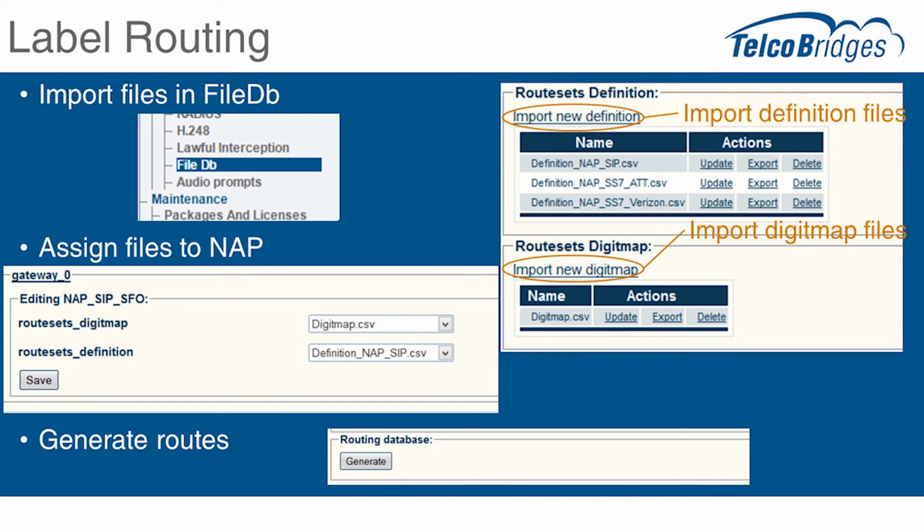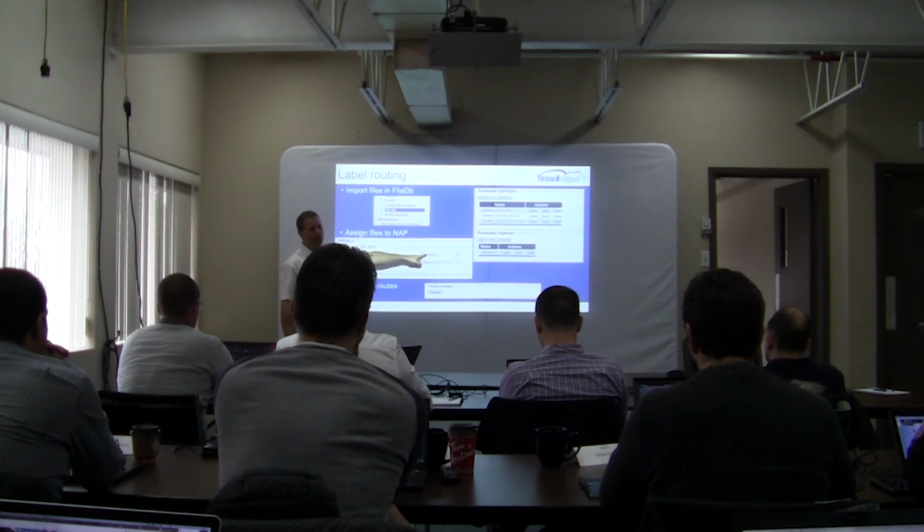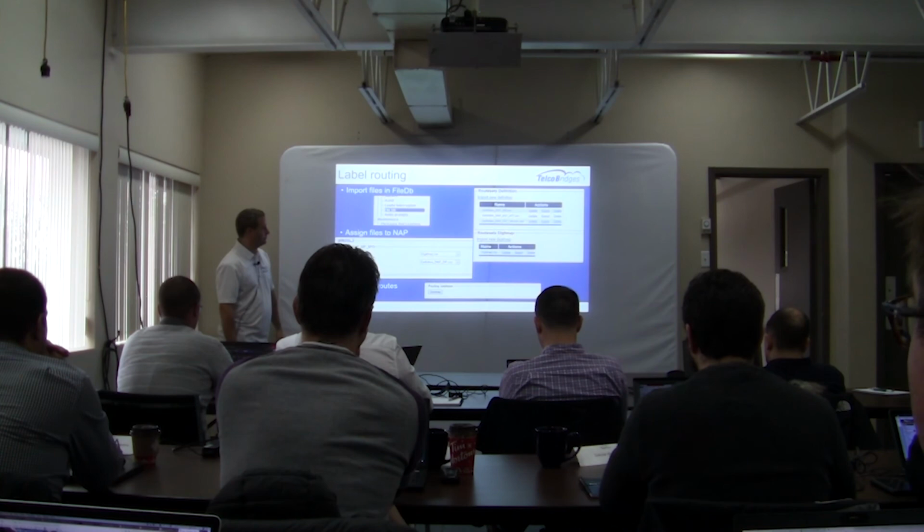And then for each of the naps, you will have a different definition, with different labels inside and different priorities. And then for a specific nap, you will specify which digit map file you want to use and which definition file you want to use.